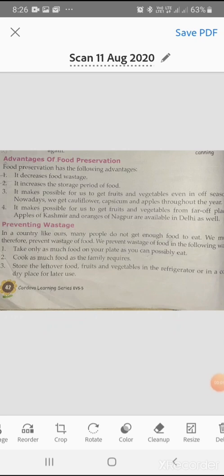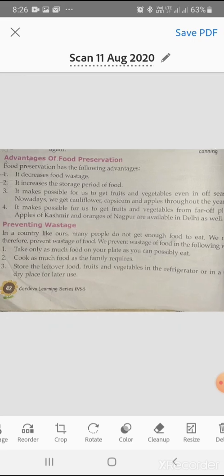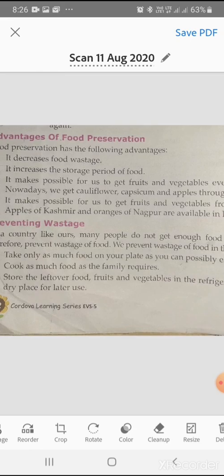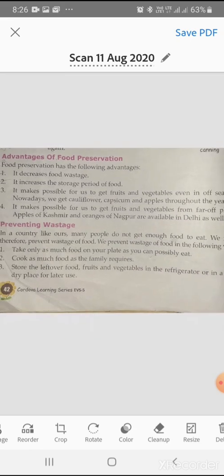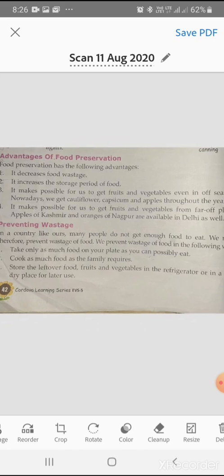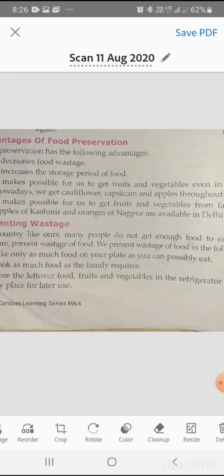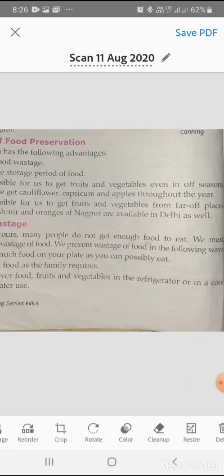Now let us see the advantages of food preservation. Food preservation has the following advantages. Number 1, it decreases food wastage. Number 2, it increases the storage period of food. Number 3, it makes it possible for us to get fruit and vegetables even in off seasons.